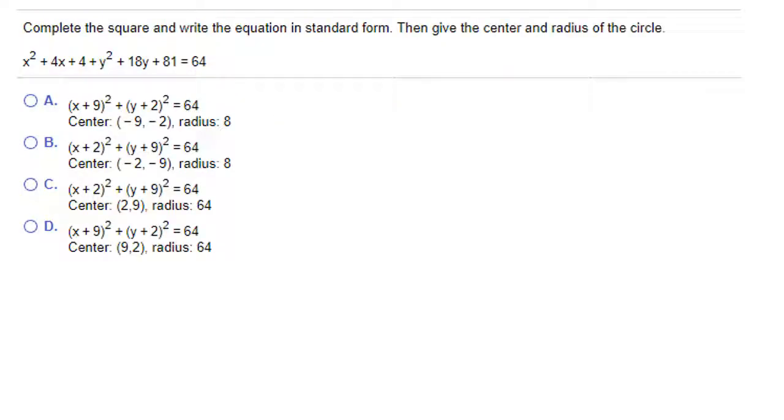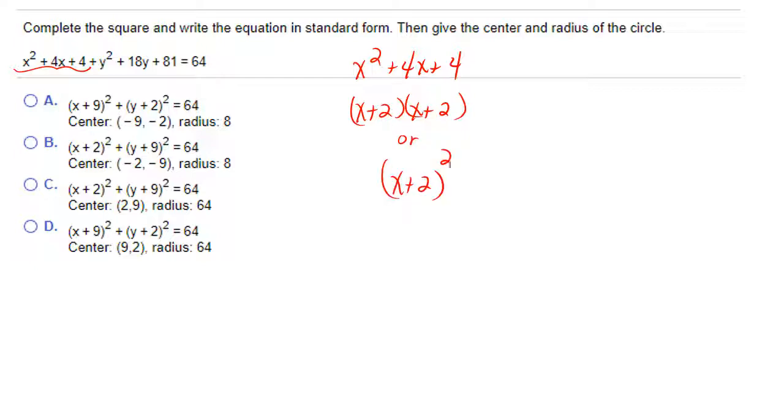Now we're going to complete the square and write this equation in standard form. Notice in this equation given, the first 3 terms form a perfect square trinomial. So x squared plus 4x plus 4 will factor perfectly as x plus 2 times x plus 2, which is the same thing as x plus 2 squared.